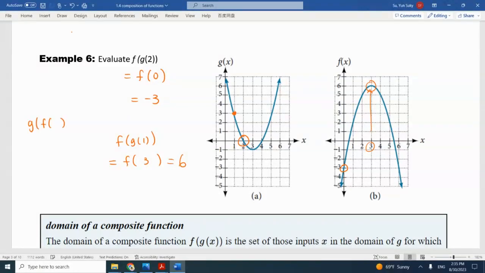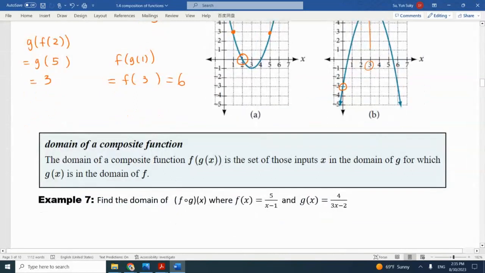I'm just making up the problems. How about 2? What's f of 2? 5. And g of 5? Let's say it's 3. Is everybody okay? You just look at the graph of f and g respectively and evaluate from the inside to the outside.